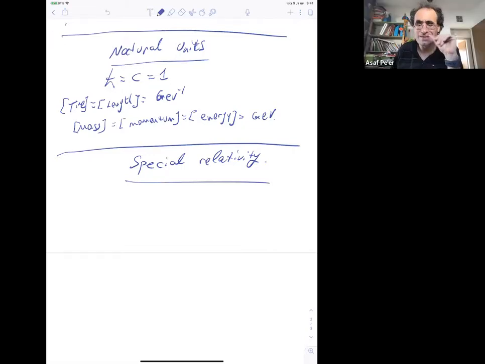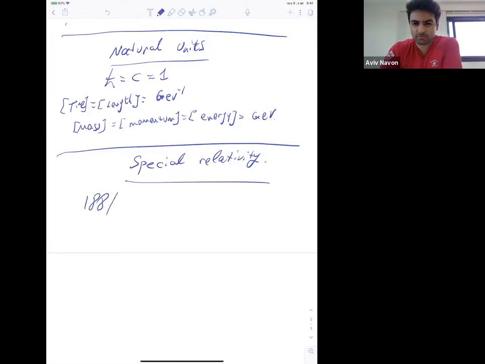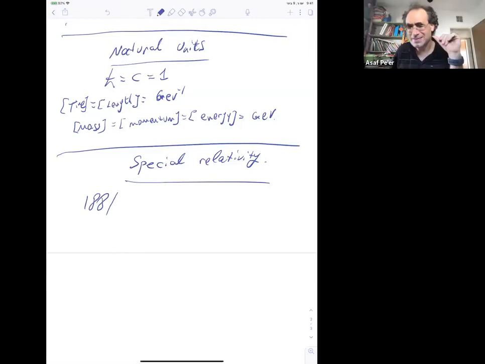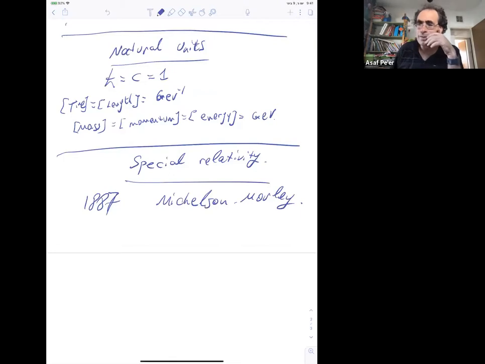No. The Lorentz transformation? No. 1881 or 7? 7, sorry. Michelson and Morley. Right, behind every successful theory, there is always an experiment.